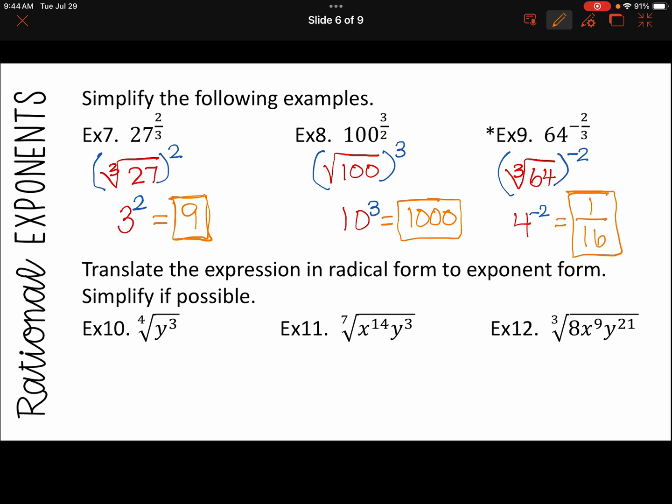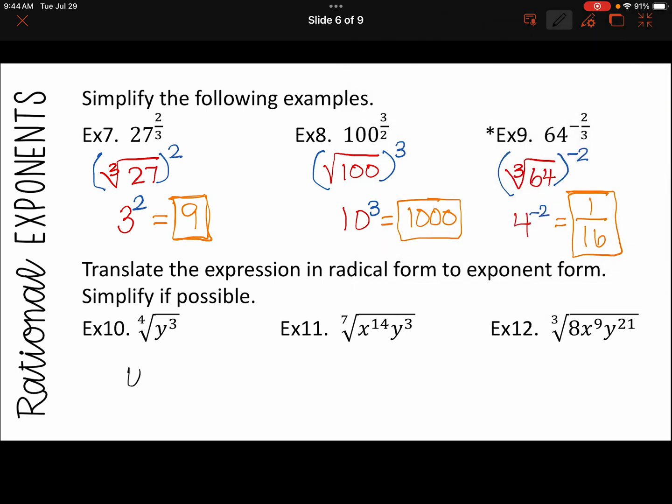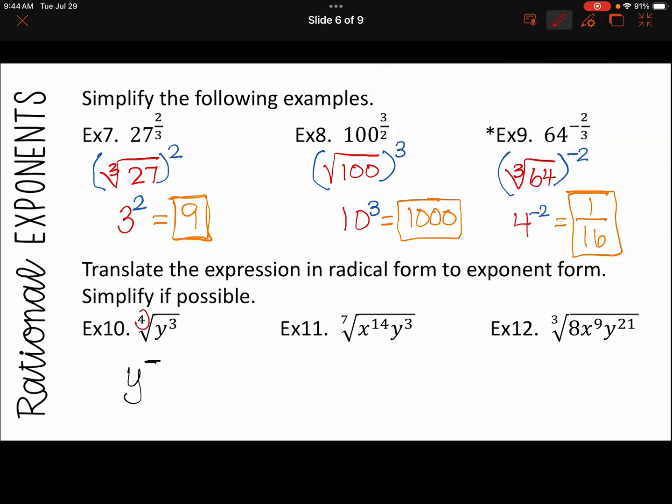All right, let's look at the last set. We've got our base. We know we have a fraction exponent. The root is the denominator. The power is the numerator. And there's our simplified answer. All right, we're going to do the same thing.